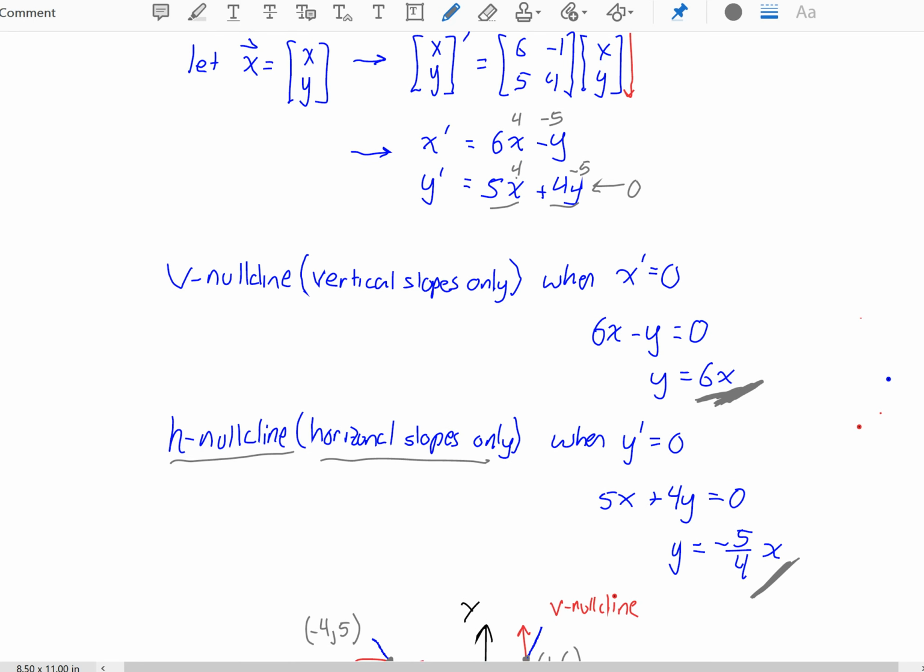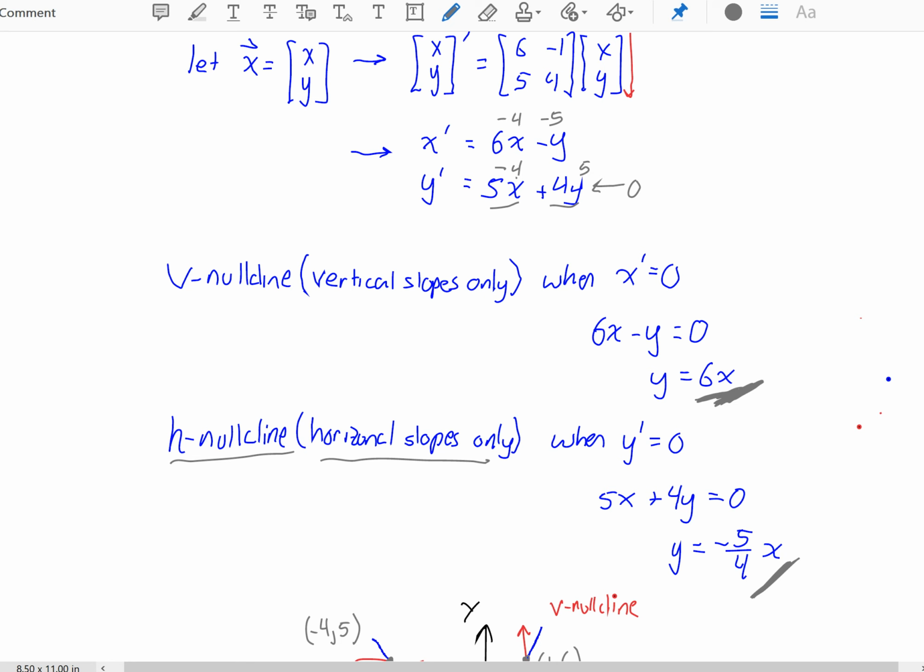Let's plug in -4, +5 into our y prime equation. This will be -20 and +20. This is going to be 0.